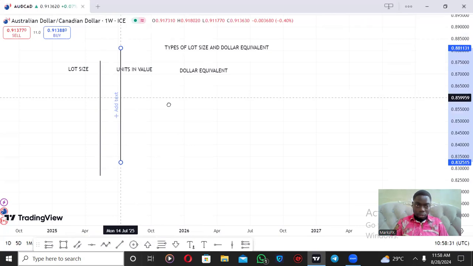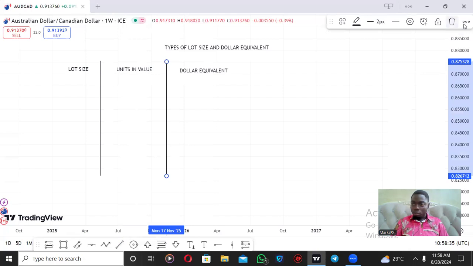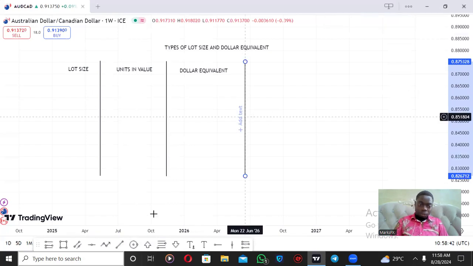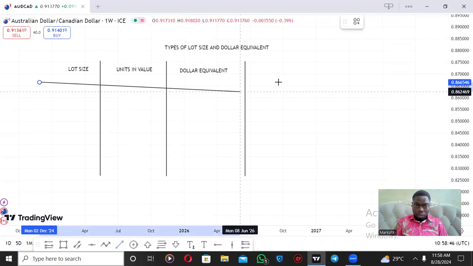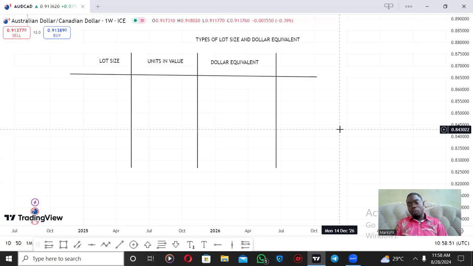I want to divide this. I'll be very quick in the video, so pay attention. Now, let me also do this. Boom. All right. Now we have three types of lot sizes.